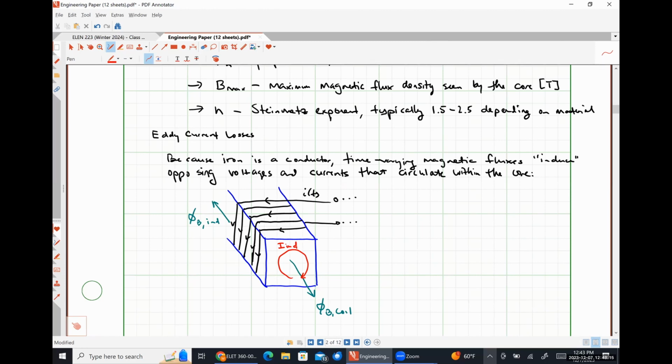We don't have a whole lot of control over the ambient temperature of our device, right? Unless we specifically build in cooling, and we do to some extent. So let's think of something different. The more material that my current passes through, the hotter it's going to get. So I need to figure out how to limit the amount of material that my eddy currents can pass through. So what we wind up doing is we slice and laminate our cores.